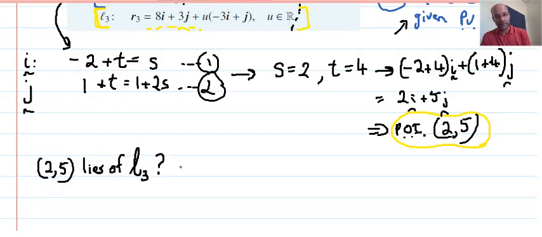So here we go, let's check that out. The point (2, 5) has the position vector we just found before, and we must make that equal to line 3, because if there is a solution to this, the point is on there.